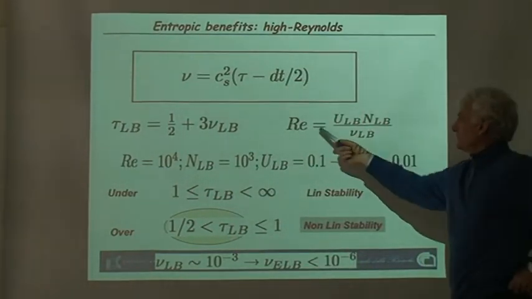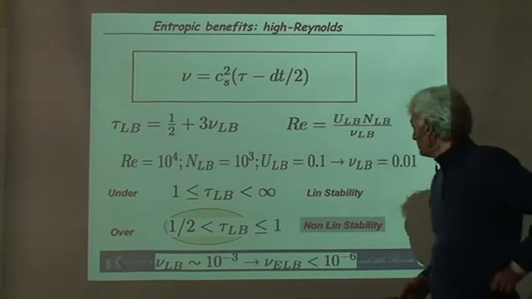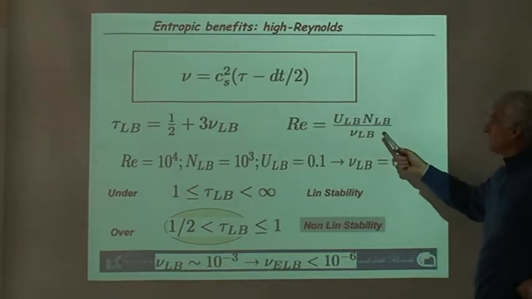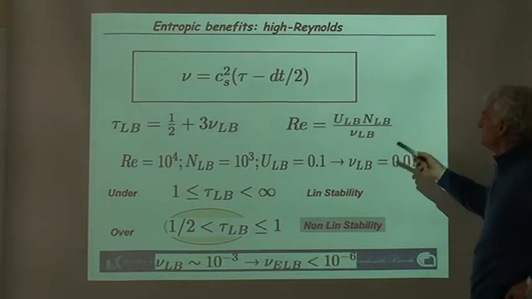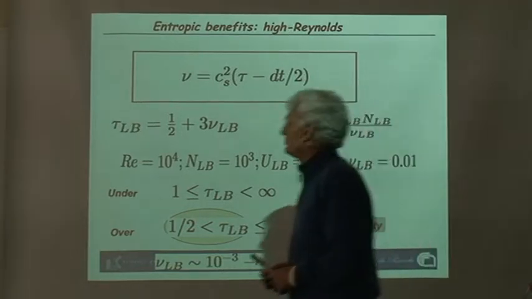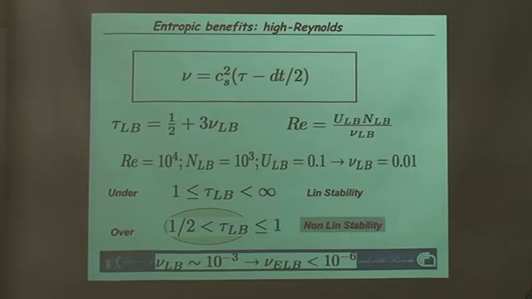Now, the Reynolds number is a number, so I can express it in any units I want. If I take everything in Lattice Boltzmann units, it is this, and there is one little step here. The Reynolds number is U L over nu.